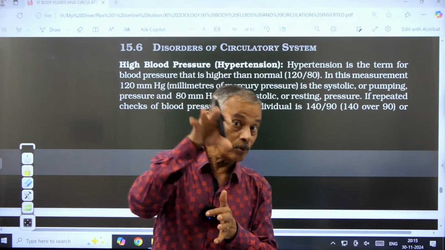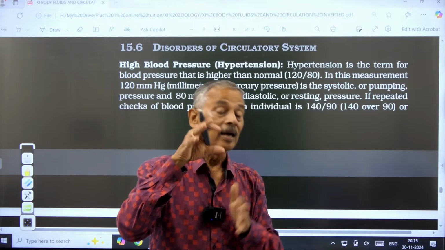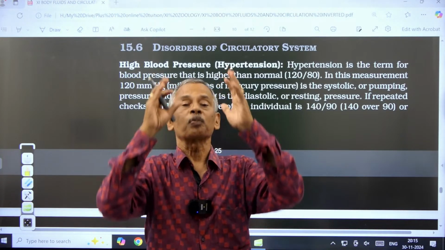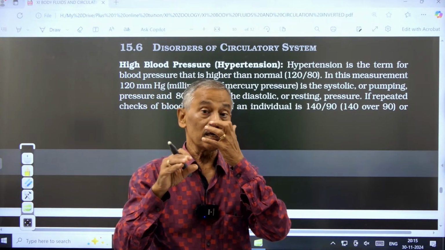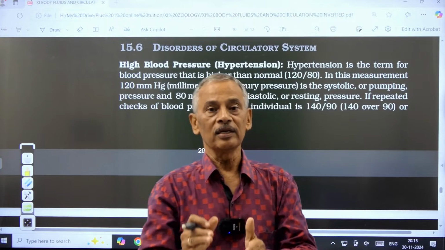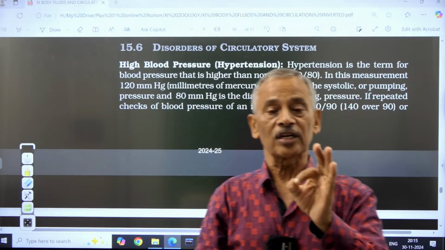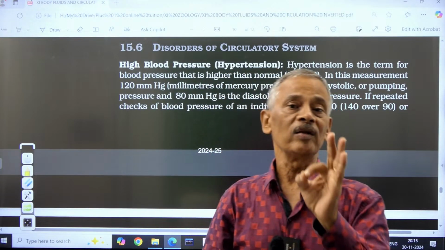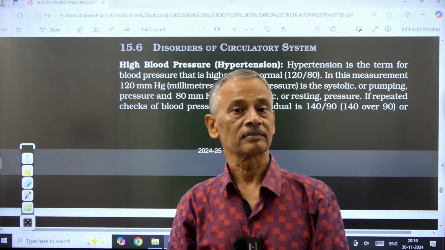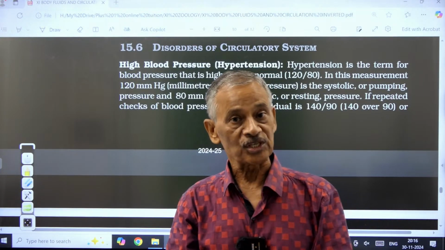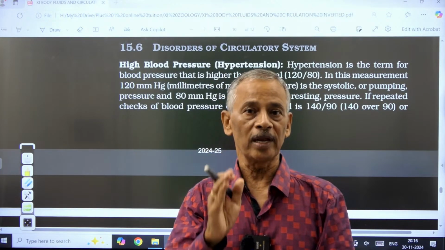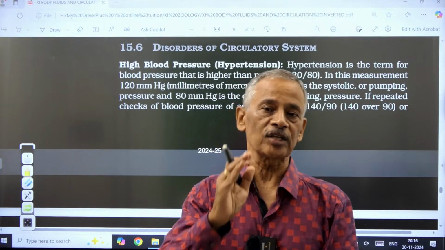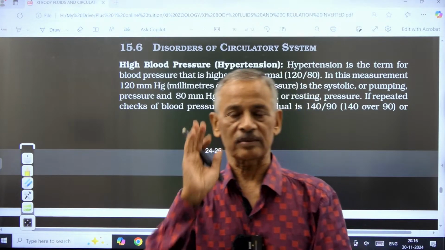So, when more blood is pumped, there will be more pressure. Pressure exerted by blood on the walls of the artery is called blood pressure.